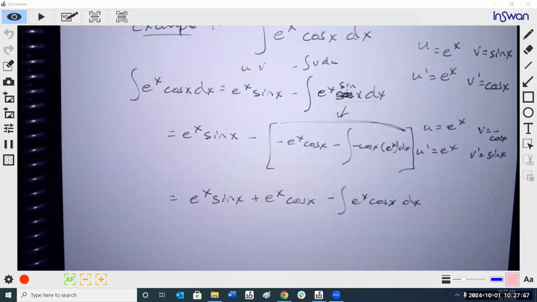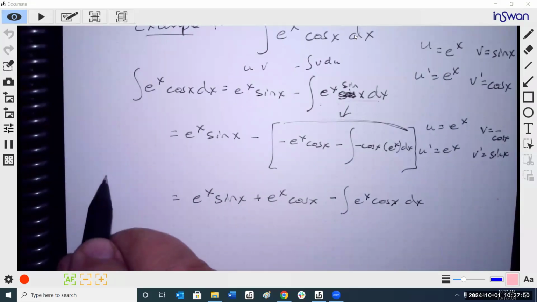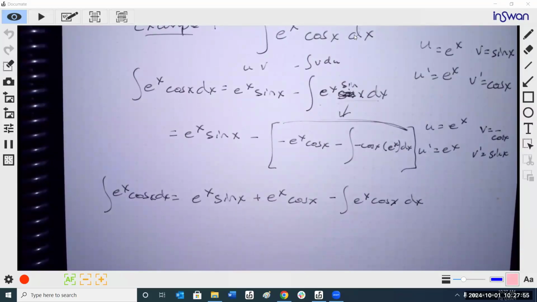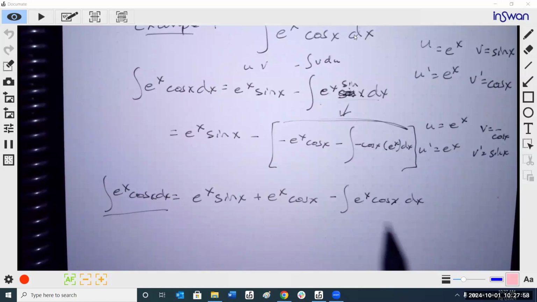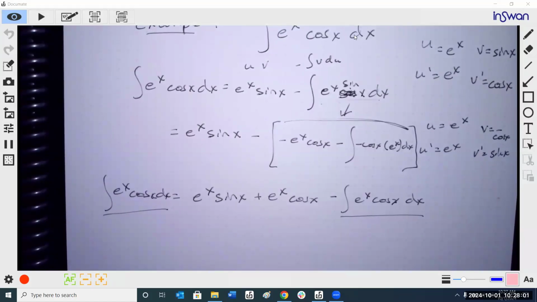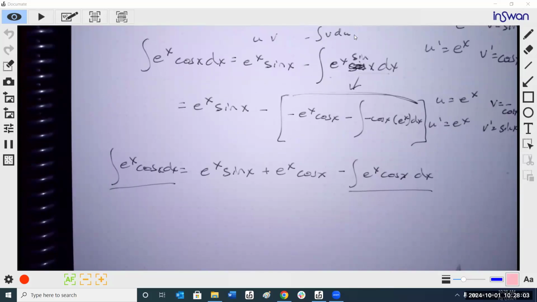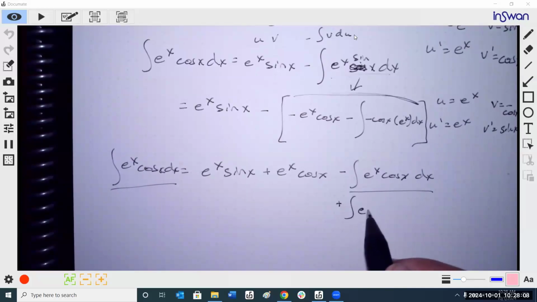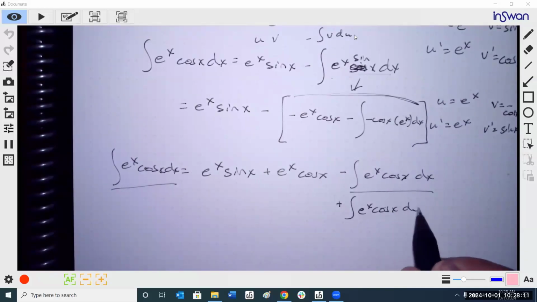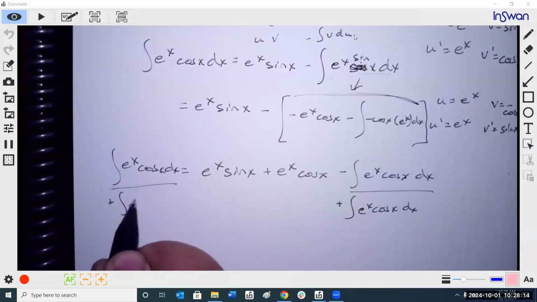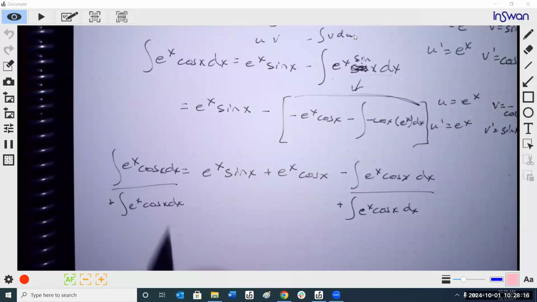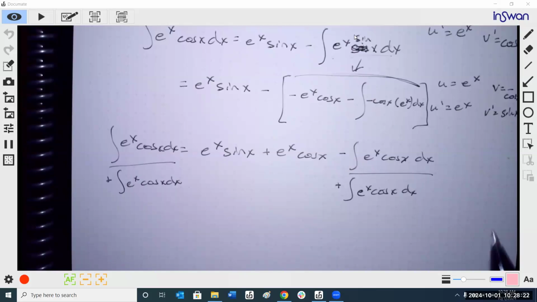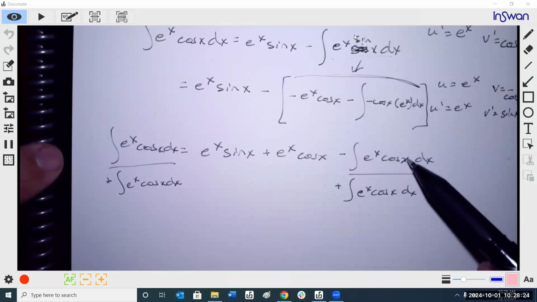Now we know this side equals the integral of e to the x cosine x dx. You notice this side and this side look equal. So I move it over and combine them. Because both e to the x and cosine x never run out of integrals or derivatives, they'll eventually get to a point where they look identical.